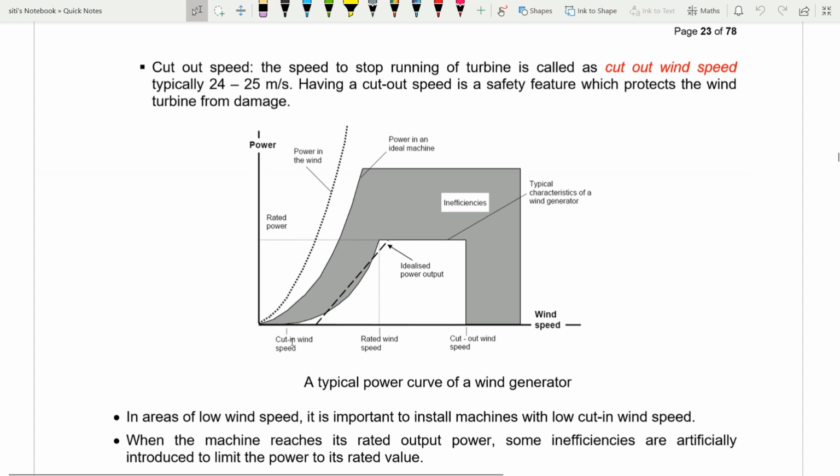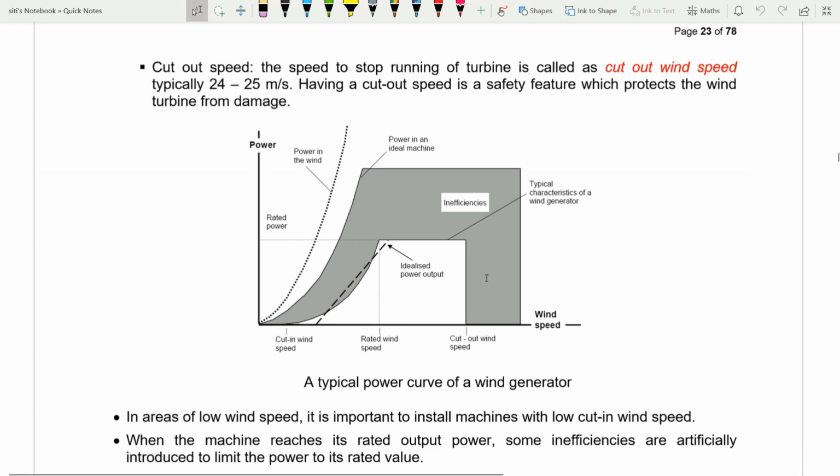This is the cut-in wind speed when the turbine starts to rotate, and this is the rated wind speed. At this condition, the power will start to become constant. This is the typical characteristic of a wind generator. So this is the ideal power output, and the cutout wind speed is when the turbine stops running.